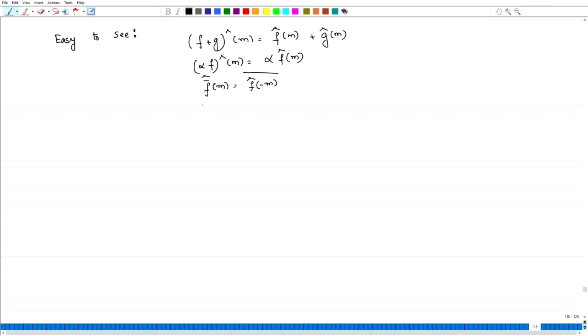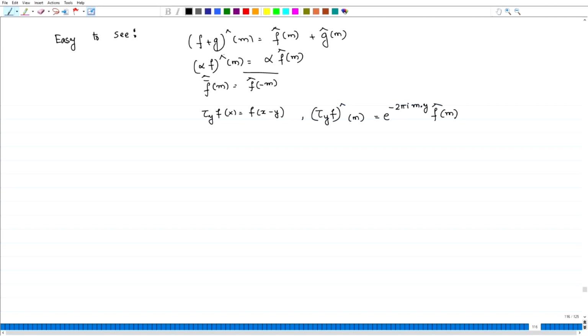Now, because it has a group structure, it is going to have a translation. So, if you define tau y of f to be f of x minus y, then tau y f hat at m is equal to e to the power minus 2 pi i m dot y times f hat of m.